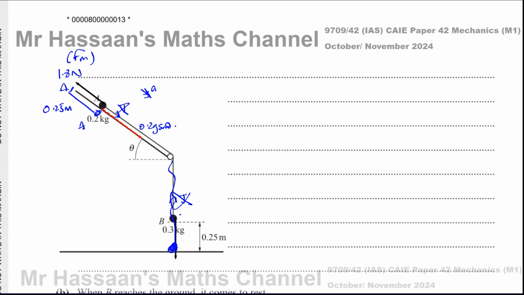We can say the speed of A when the string becomes slack, or when B hits the ground. So the speed of A at the point when B hits the ground, well, this is the original situation.